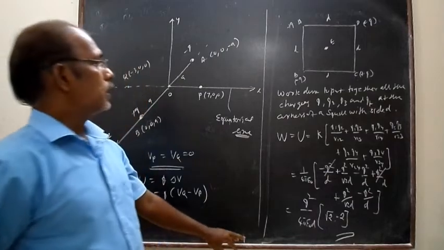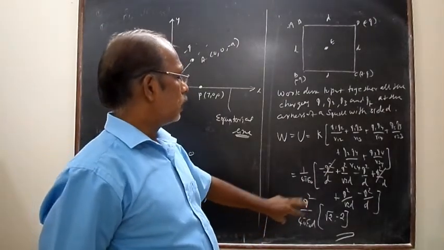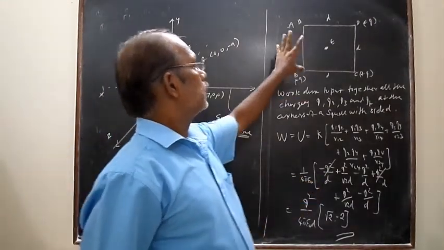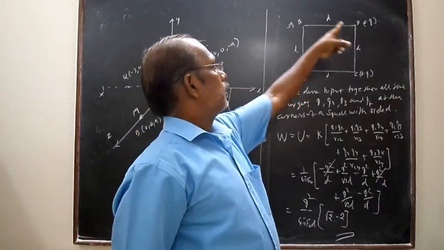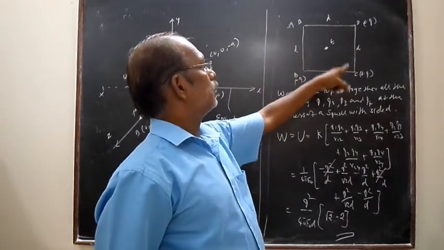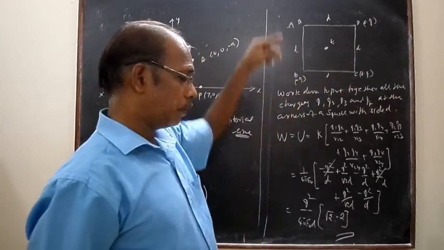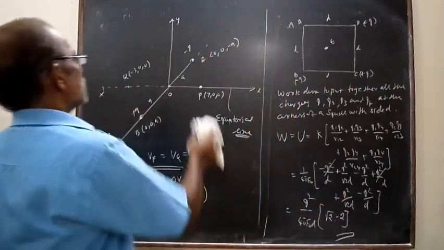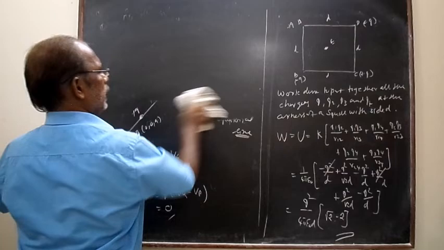Okay, so this is the total potential energy, or total work done required to put together all the 4 charges Q1, Q2, Q3, Q4 at the corners of the square with the side D.